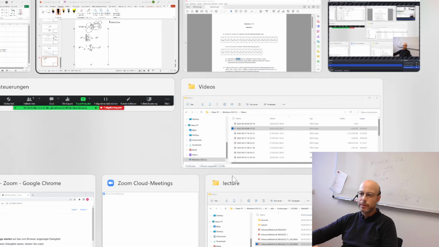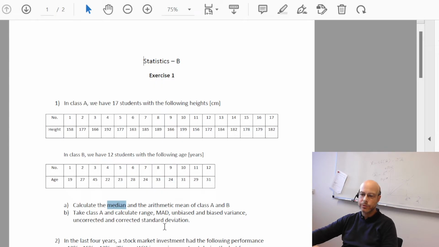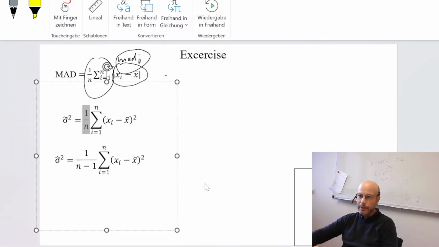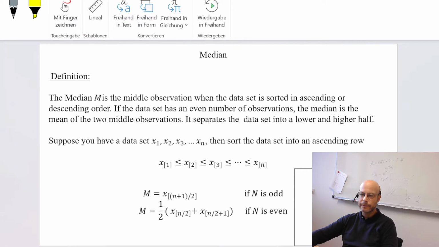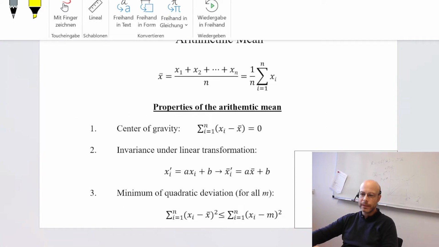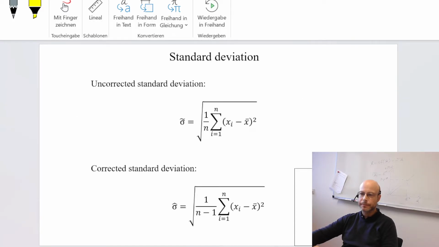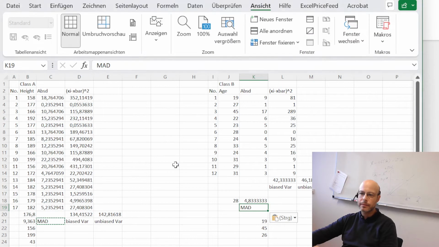So, and then a very hard task, we should also calculate the uncorrected and corrected standard deviation. Well, and this was just defined by the square root of the biased and unbiased variance.